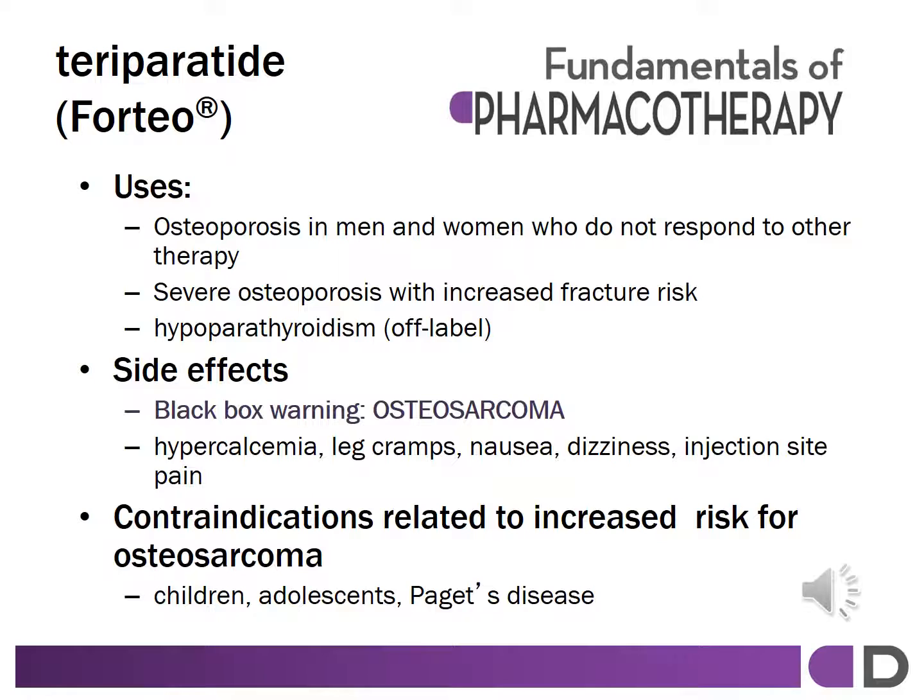Forteo has a risk of developing osteosarcoma, which is a bone cancer. This has been seen in many animal studies, and this drug now has a black box warning about osteosarcoma. Because of this risk, it's contraindicated in patient populations who also have an increased risk for osteosarcoma, including children, adolescents, and those with Paget's disease.